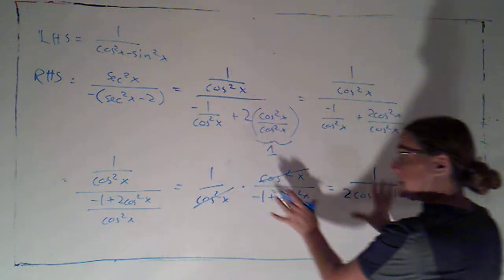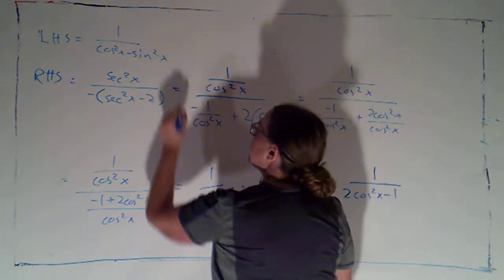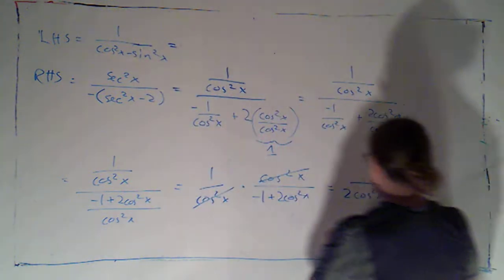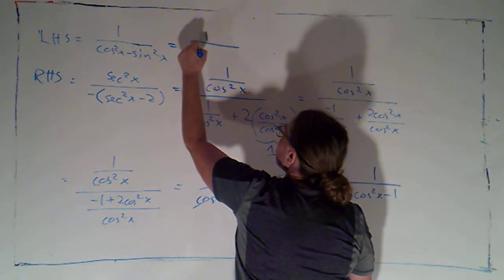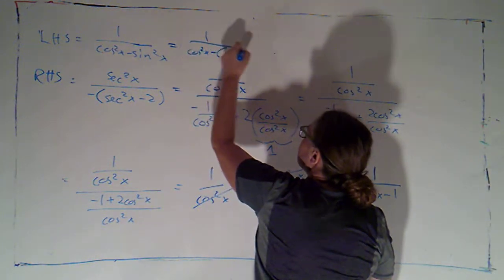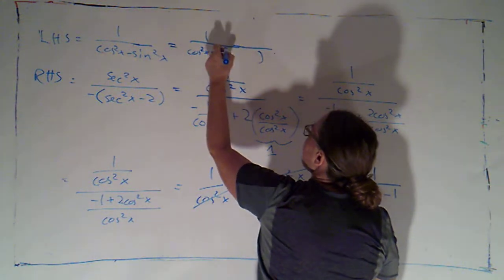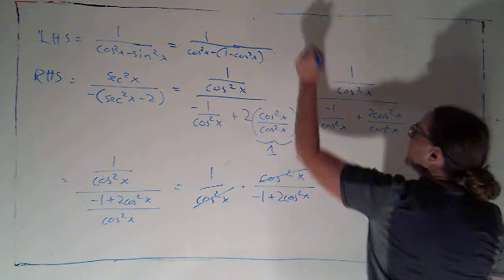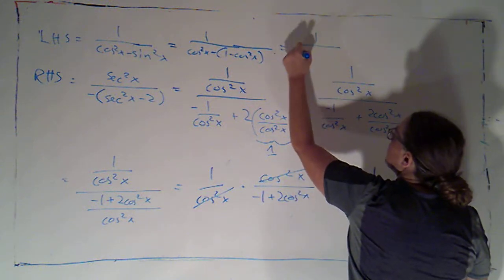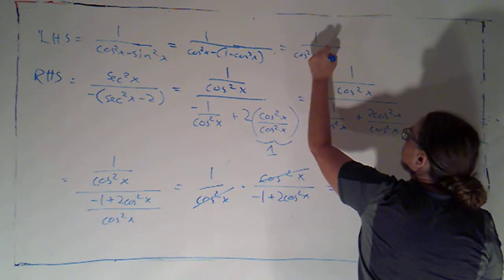I'm not connecting it to this, but I'm just going to say, I just got something that didn't have any signs in it. So let me use my Pythagorean identity to rewrite that sine as 1 minus cosine squared. And then I can distribute that negative.